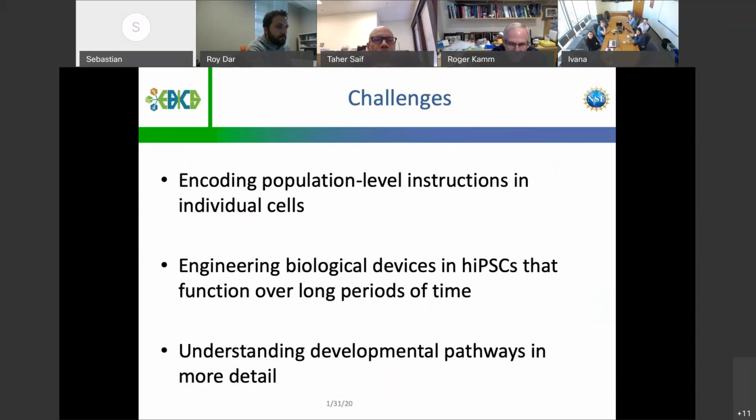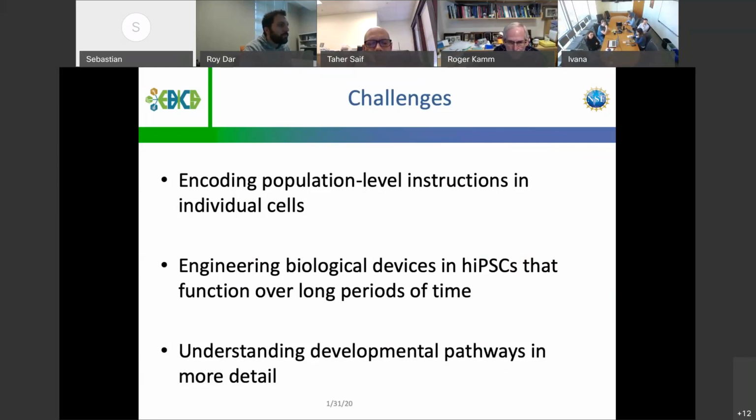In terms of challenges with all of these circuits, and as we approach the future of the field, we have shown, for example, with some of the efforts I've shown with the RMCE platforms and CRISPR and so on, the ability to engineer single cells precisely. We can engineer sensors in stem cells, especially if the expression is constitutive.